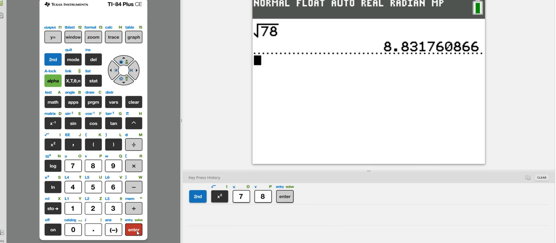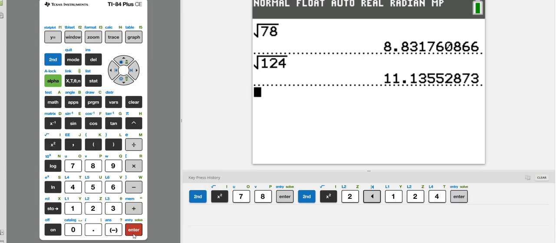And one more. Let's do the square root of 124. The square root of 124 is going to be more or less than 11? Should be more. So I'm getting about 11.13. Actually, we'll round that to 11.14.